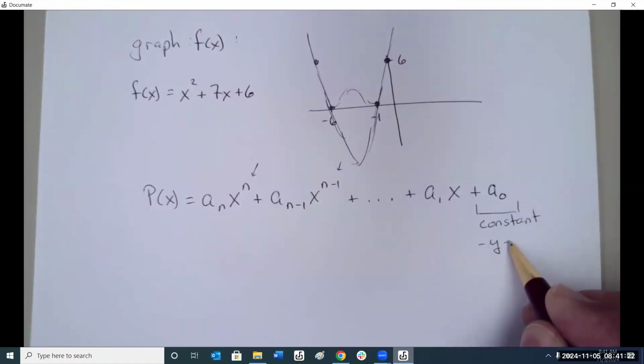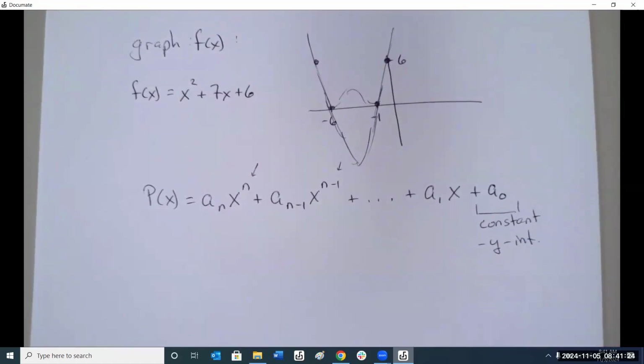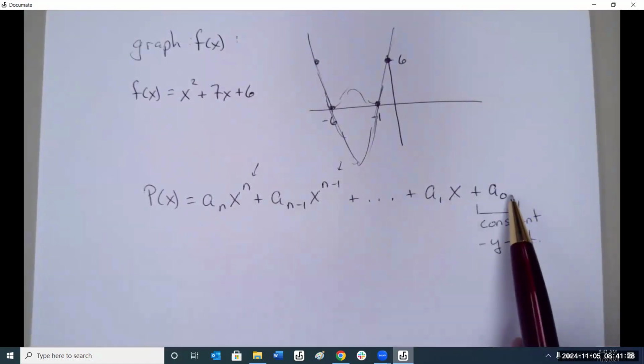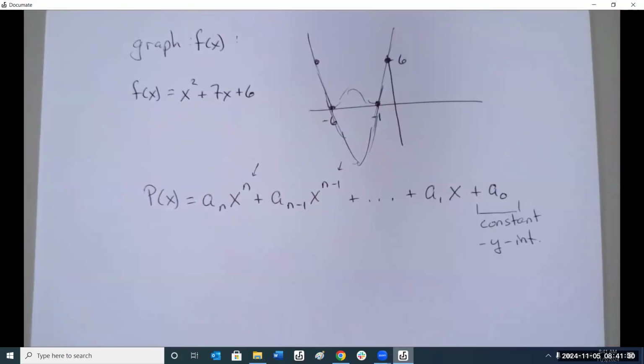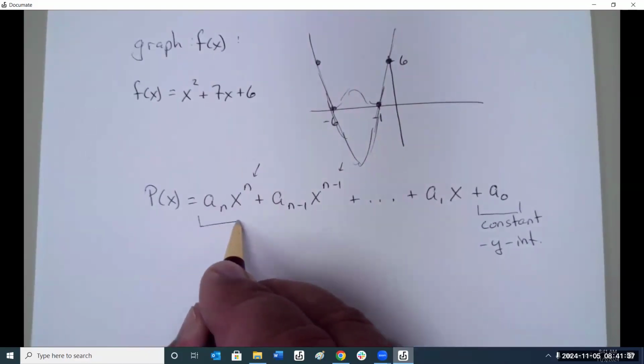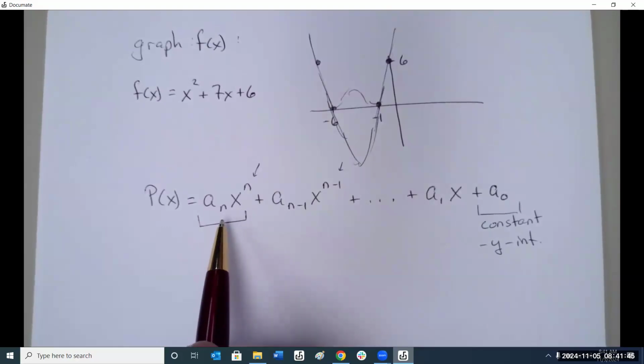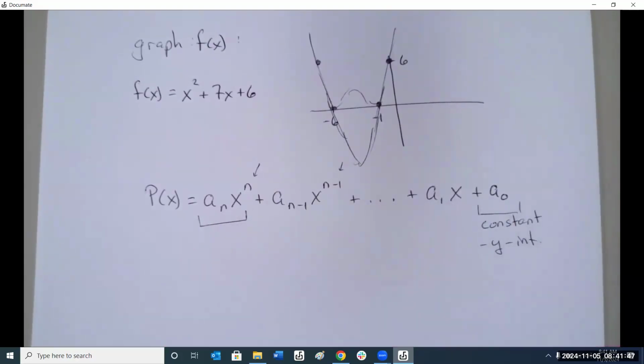Very good. The y-intercept. Because if we set x equals 0, all of these disappear. We're stuck with a sub 0. These are the only two parts of the polynomial that we are interested in. We're interested in the first one and the last one.